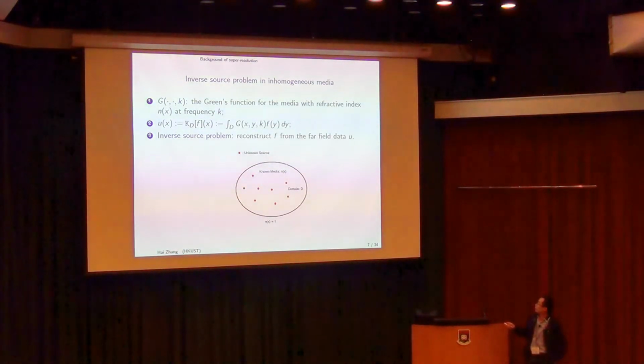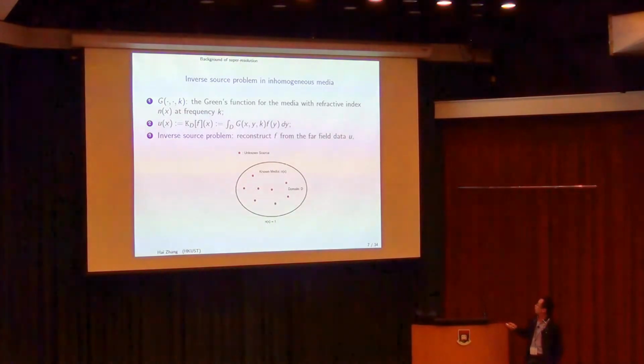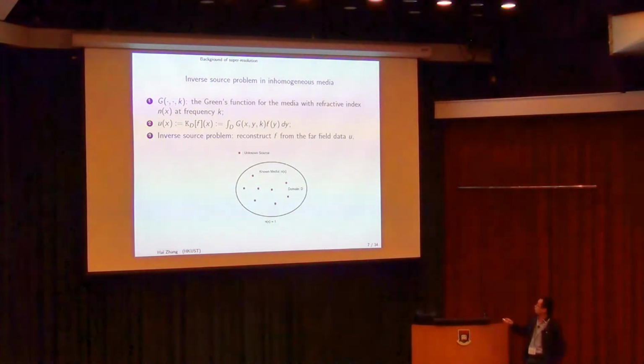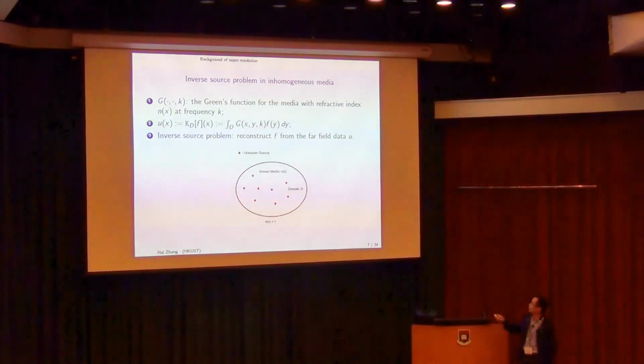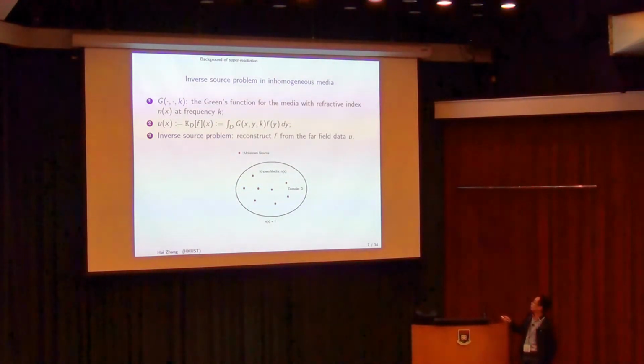Now we have an inhomogeneous space, which is characterized by the refractive index n, and we have sources scattered inside this domain. The field emitted by these sources is given by this forward operator, which is basically the convolution of the Green's function for this medium and the source distribution. The inverse source problem is to reconstruct the source distribution f from the far field data u.